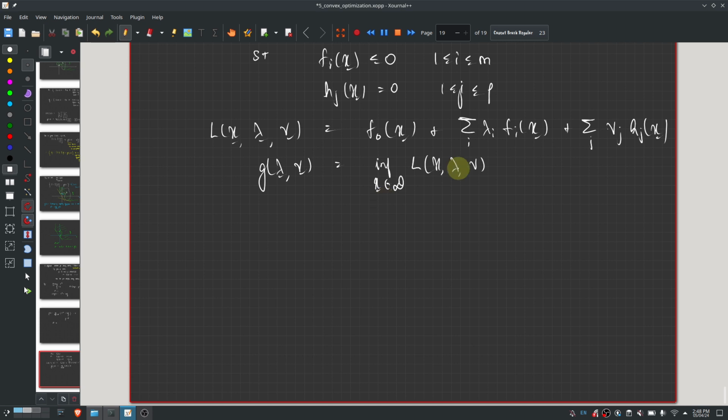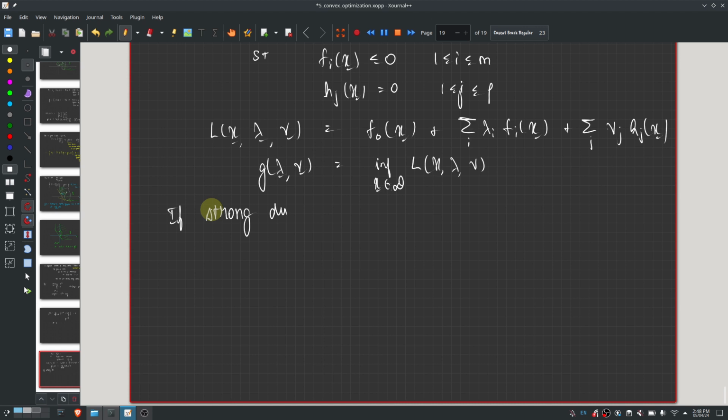Now recall that if strong duality holds, in this condition, we know that the problem is convex. Then, if the problem is convex and the relative interior condition is satisfied, then we say that this is strong duality.